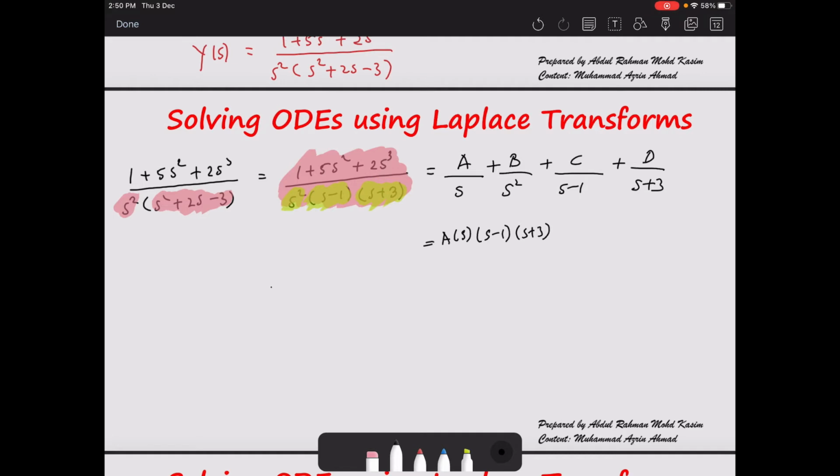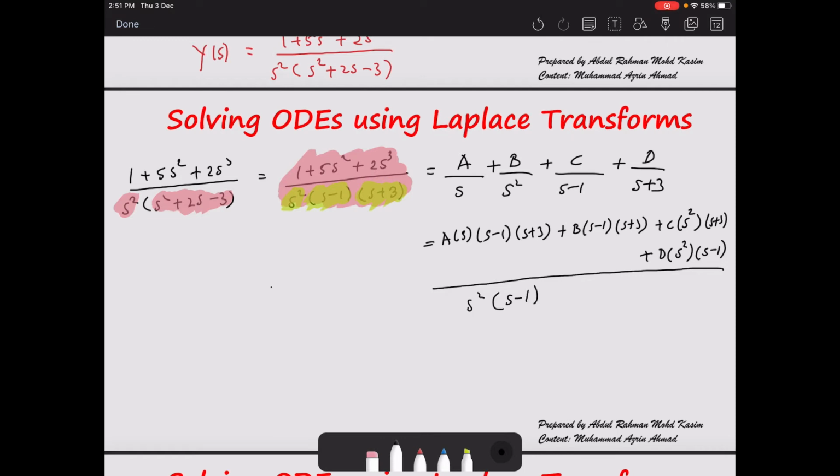Okay, and then the B must be multiplied with s minus 1 and s plus 3, while the C must be multiplied with s squared and s plus 3. The D you need to multiply with s squared and s minus 1. Okay, and all the terms over here are over s squared, s minus 1 and s plus 3.